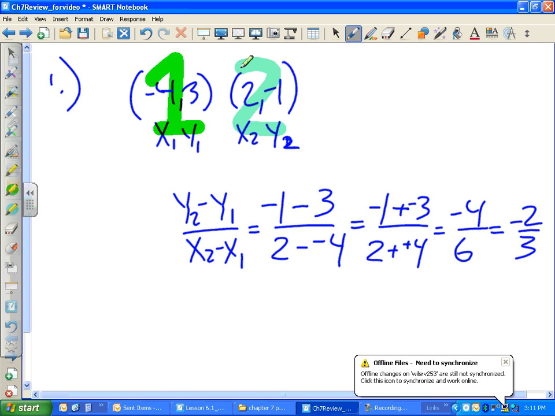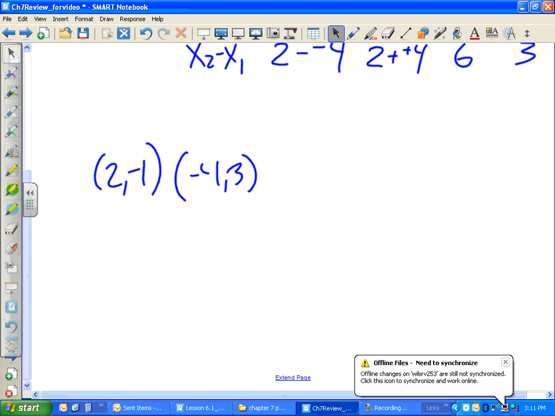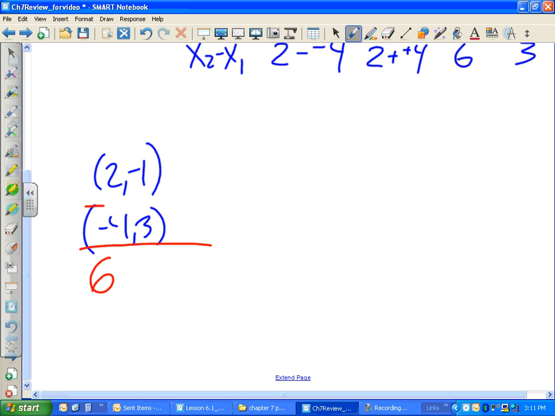Now the other way to do this would be the short way. Let me move everything out of the way. Here's a short way. Move one underneath the other one. And you're going to be really careful here, but if you're good at subtracting, subtract down. 2 minus -4, that's going to be, do the do, +6. -1 minus 3, that's going to be -4.